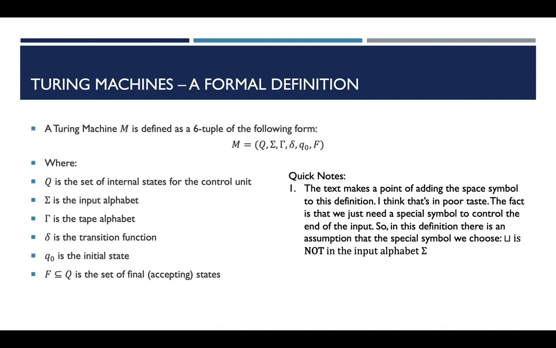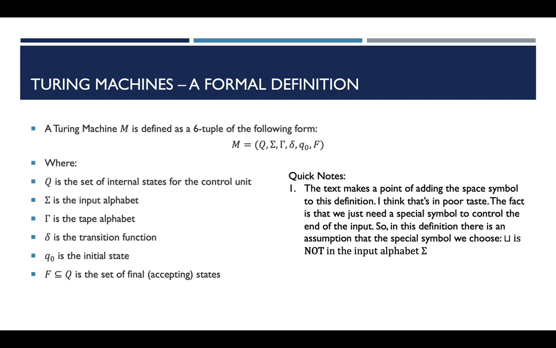That's really more an assumption. And so baked into our definition is the assumption that we have some special symbol that is not in sigma, our input alphabet, but is in gamma, the tape alphabet, that we can use to understand when an input has been consumed.